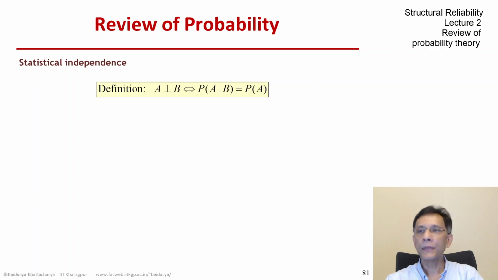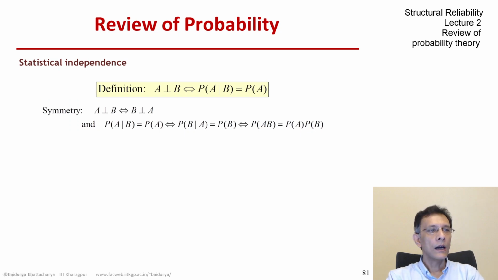So if A and B are statistically independent, then the necessary and sufficient condition is P of A given B is equal to P of A. And I could write equivalent statements which you see. So in the end, P of A intersection B is the product of PA and PB.